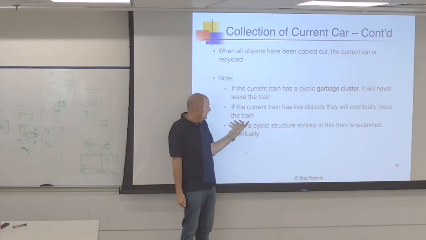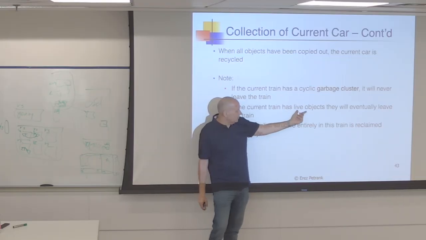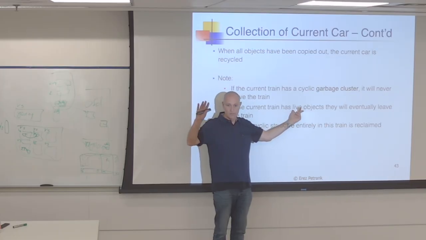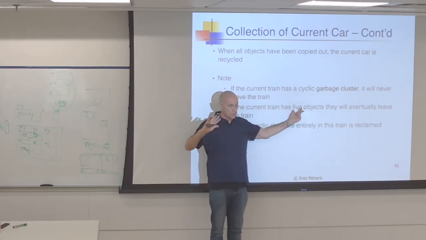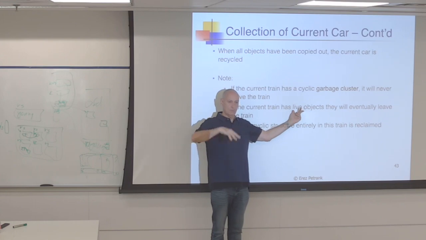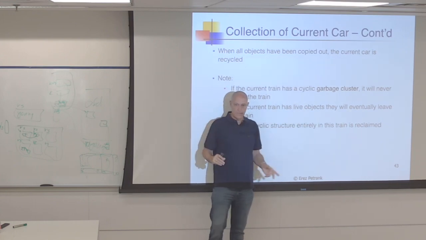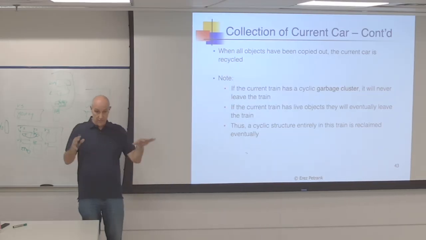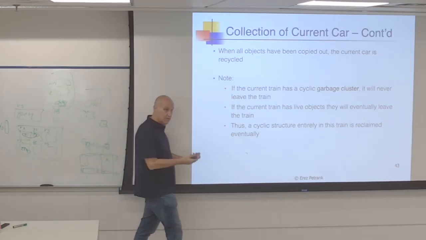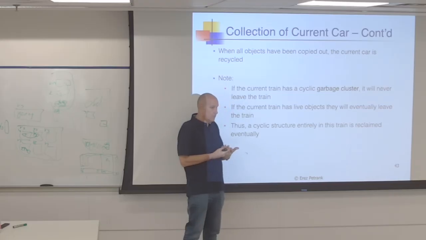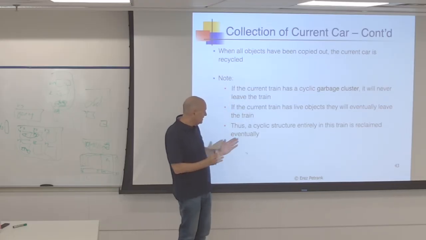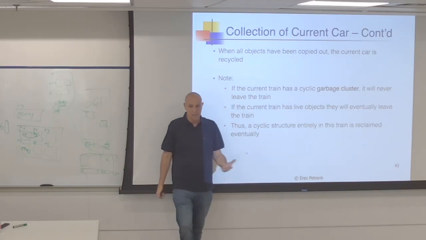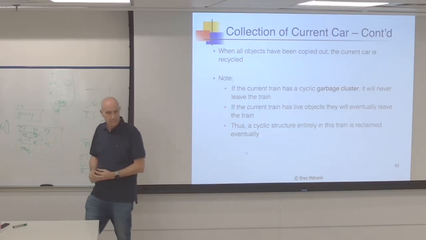On the other hand, if there are live objects that are reachable from somewhere else, these will move out of the train. So we are sure that anything that's reachable will move out of the train, and this cyclic structure that is not reachable from outside the train will stay in the train. So eventually we'll have just this cyclic structure entirely in the train, and we can reclaim the entire train.